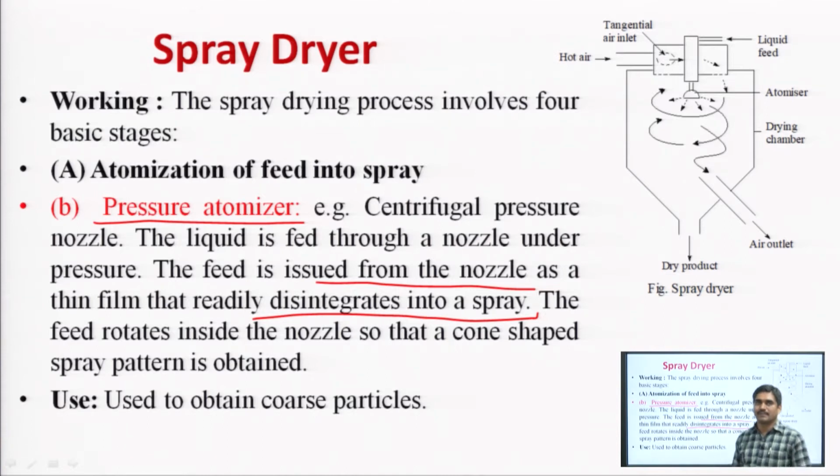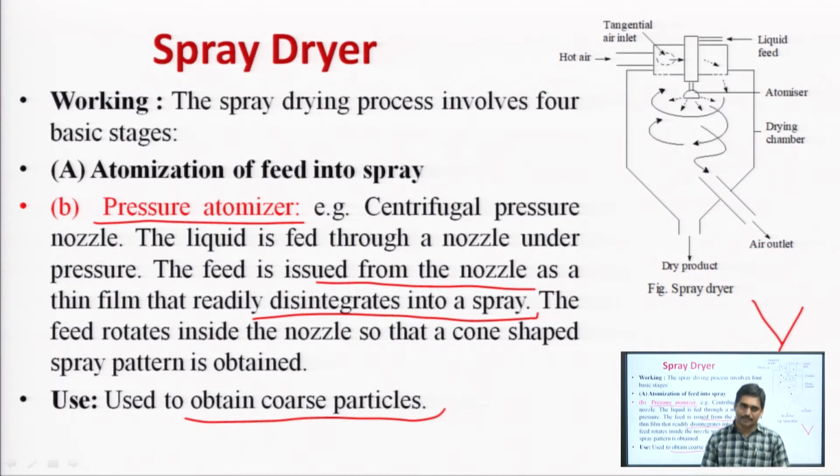The feed rotates inside the nozzle, so a cone shaped spray pattern is obtained. This type of atomizer is used to obtain coarse particles.